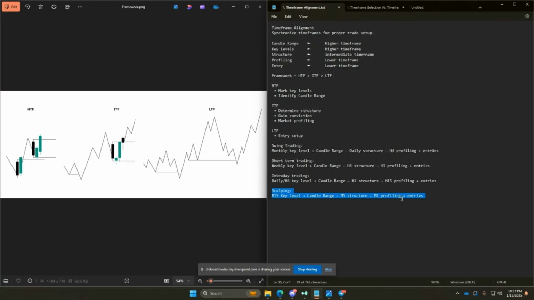The idea is to take advantage of larger moves by positioning yourself where you can take the low hanging fruit. Not that you're missing out on larger moves, but the whole point is to aim for practical targets.